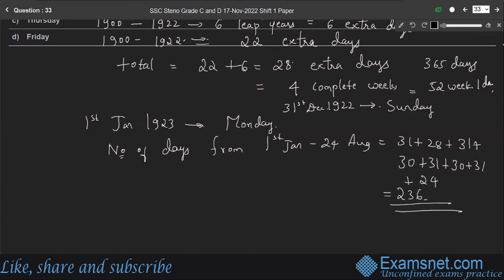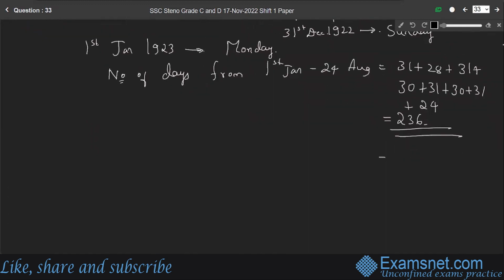So these 236 days make how many weeks? 236 divided by 7, 7 times 3 is 21, and again 7 times 3 is 21. So 33 weeks and 5 days.